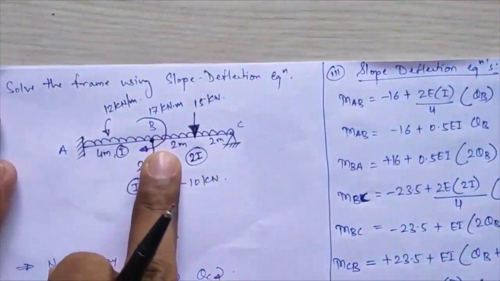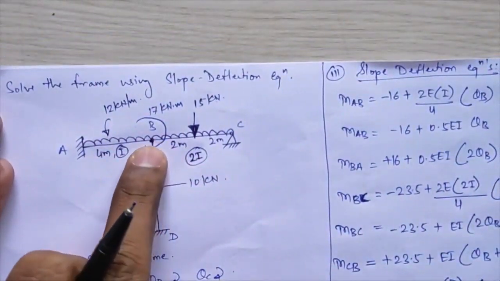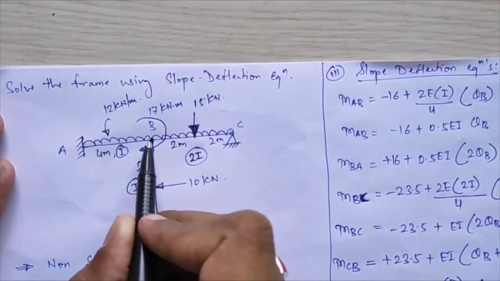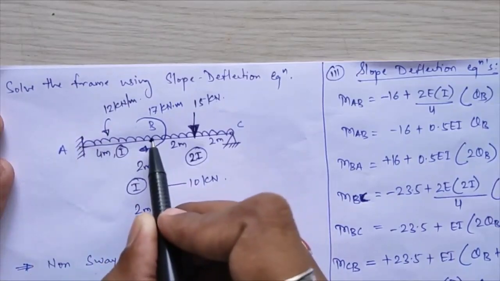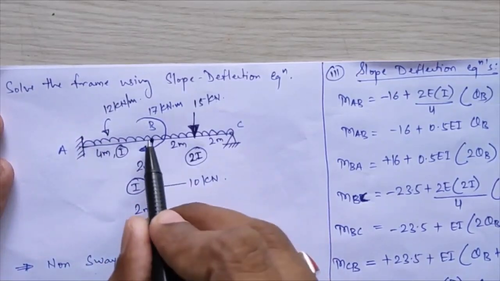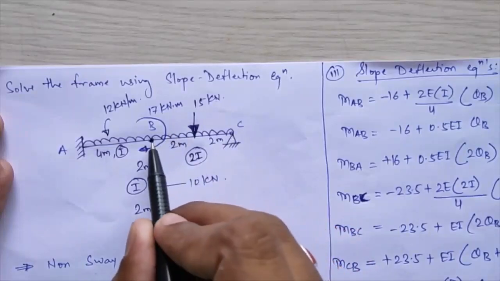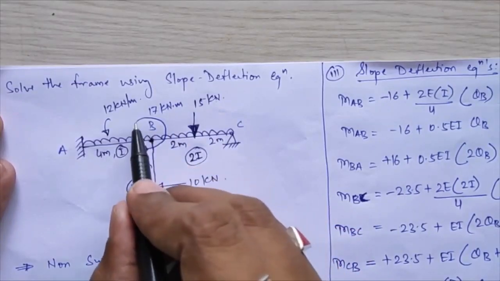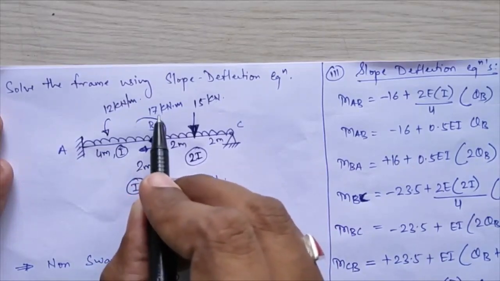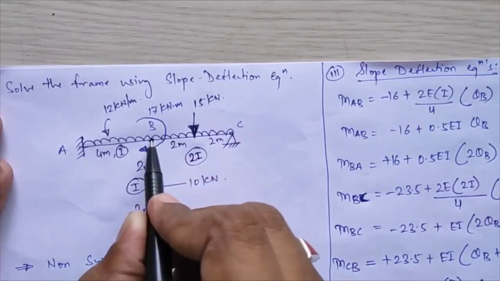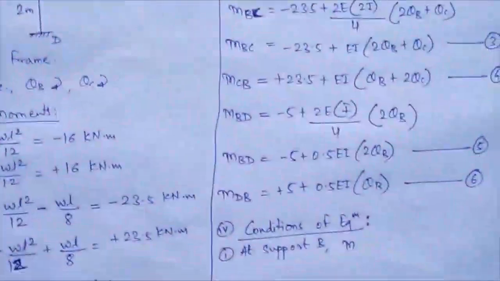At joint B, now here if you see, 3 members are acting from joint B, that is MBA, next will be BD and next will be BC. Along with those members' moments, you are having a concentrated moment of clockwise rotation 17 kilonewton meter directly acting at this point B. So that moment is considered over here.